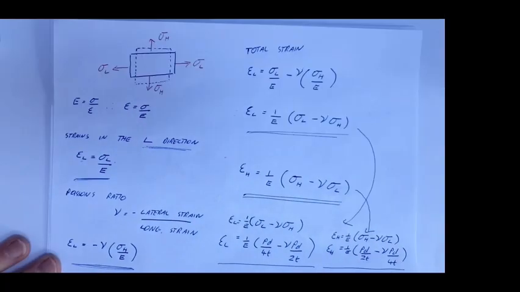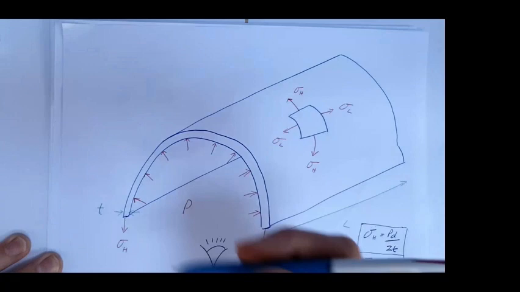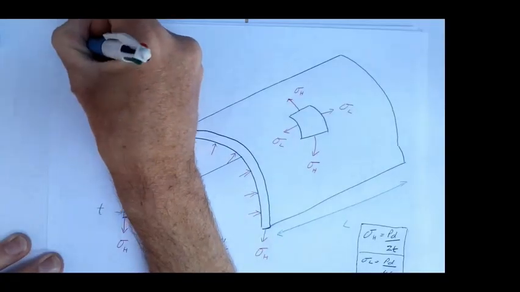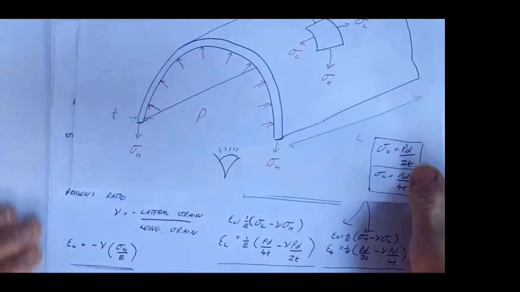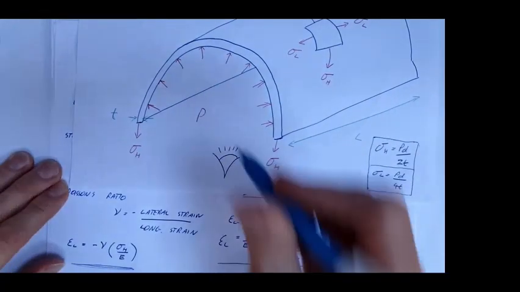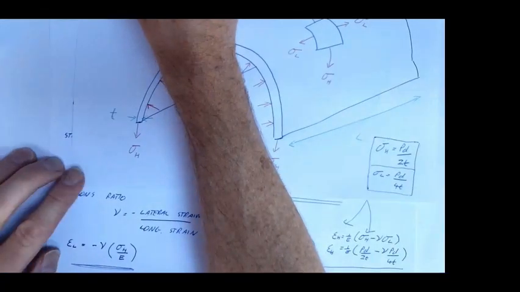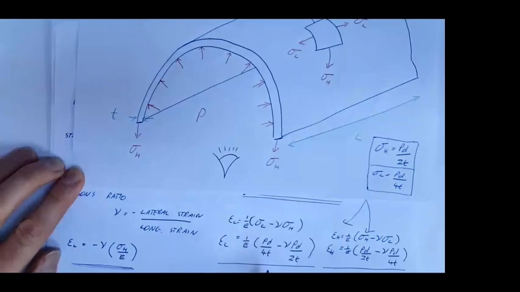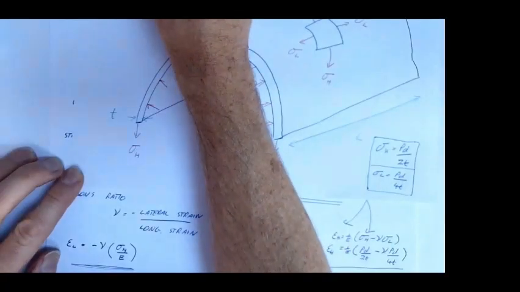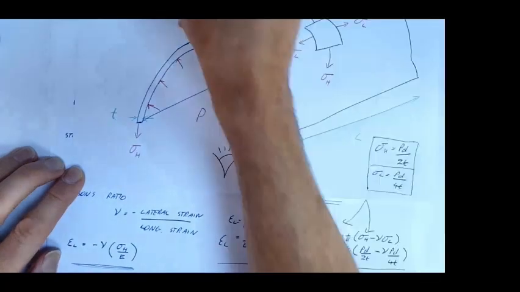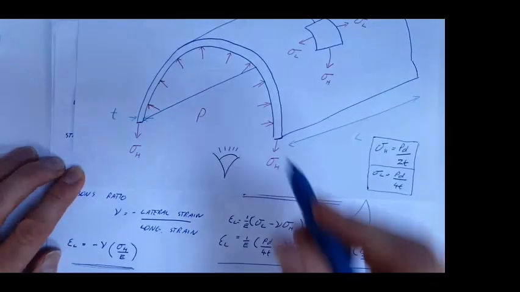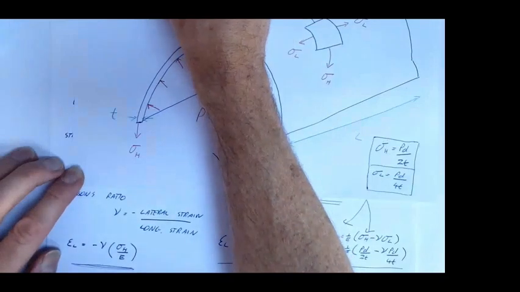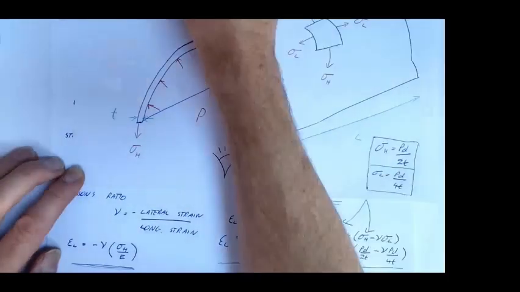Okay. So if we look back to our previous diagram, we've just calculated that the longitudinal strain is equal to 1 over the Young's modulus times PD over 4T minus Poisson's ratio times PD over 2T.